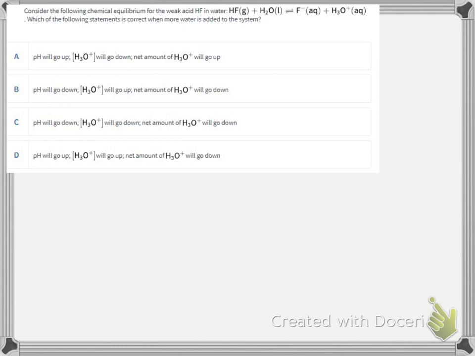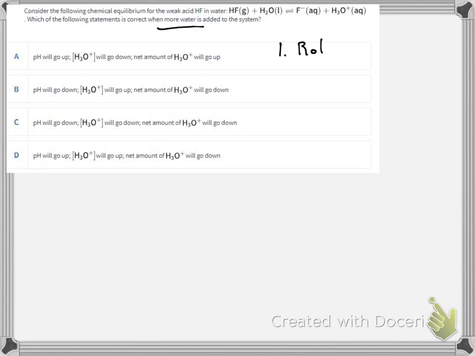Many students come into office hours to talk about this problem, and one of the major reasons is because there are 3 parts of this analysis, which makes it fairly complicated. But if you take it step by step, then you can systematically isolate the correct answer by first looking at what happens with pH, what happens with hydronium ion, and then what happens with the moles of hydronium. So we're going to take a look at that step by step.